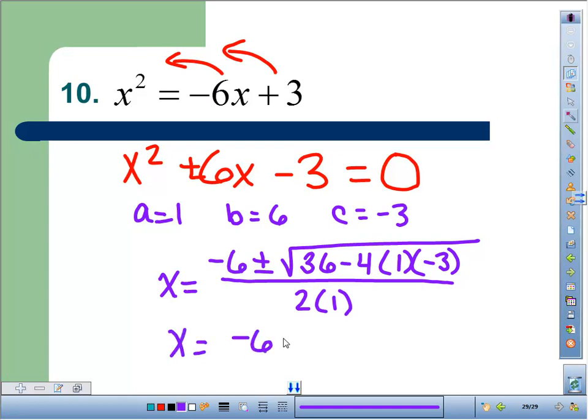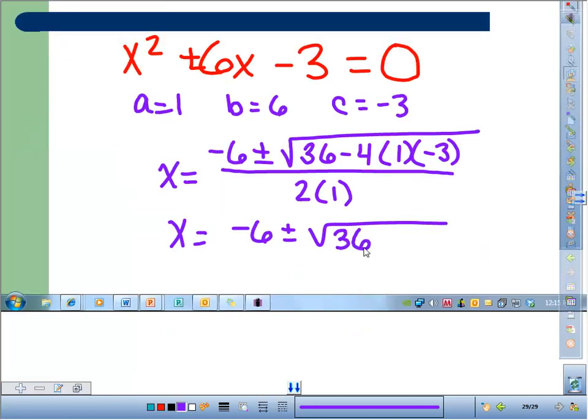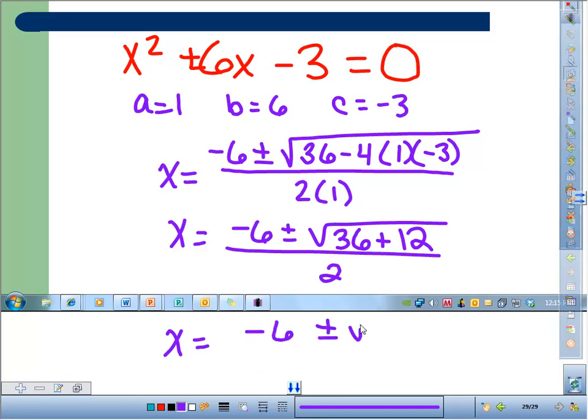Let's tidy up a little bit, especially underneath that radical there. So I got 36. Minus and a minus is going to make it a plus. 4 times 1 times 3, that's going to be 12. All over 2. So negative 6 plus or minus, that's going to be 48 over 2.